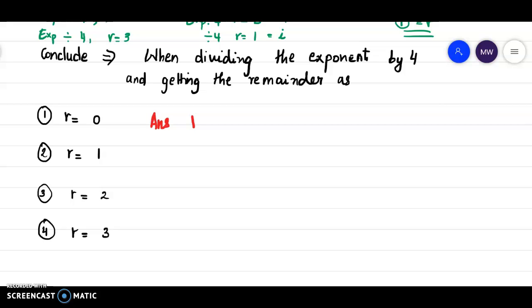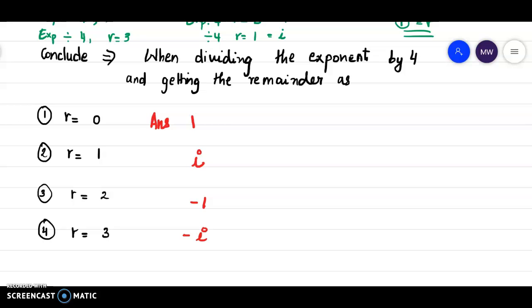If the remainder is 1, your answer will be I. If the remainder is 2, the answer will be negative 1. If the remainder is 3, the answer will be negative I. So this is the pattern that we have.